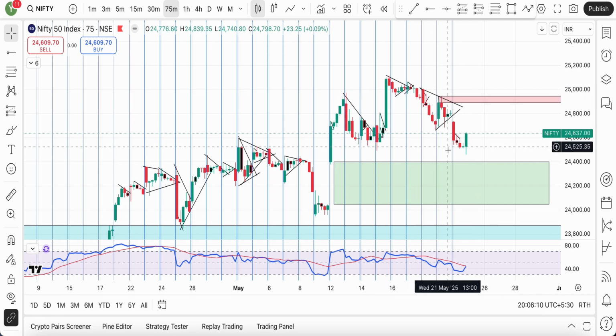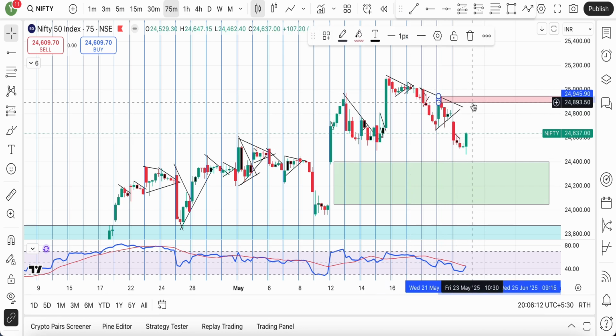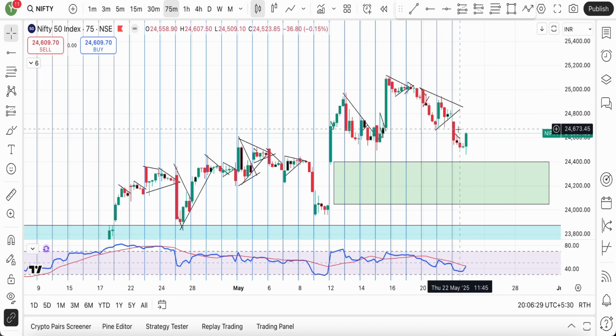Now, if you look at the 75 minutes time frame, we'll delete this zone which we had drawn, because number one, the market has already taken one rejection from here, plus the market has now formed a new swing and a new low. So this fib level which we had drawn as per previous days is no longer valid for us right now, and we will not be using this swing.